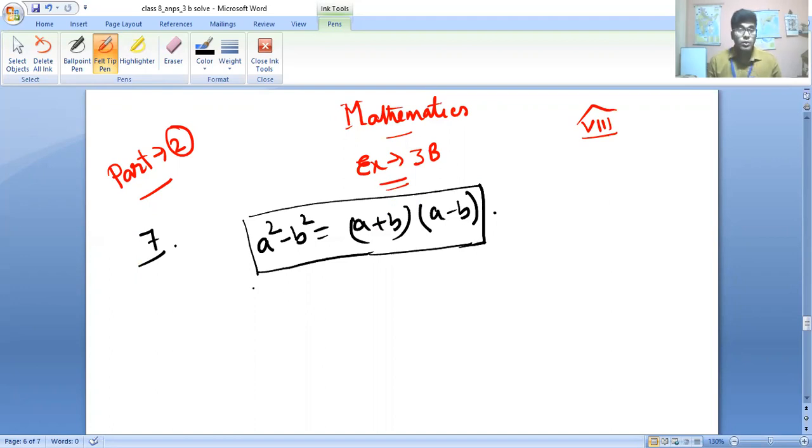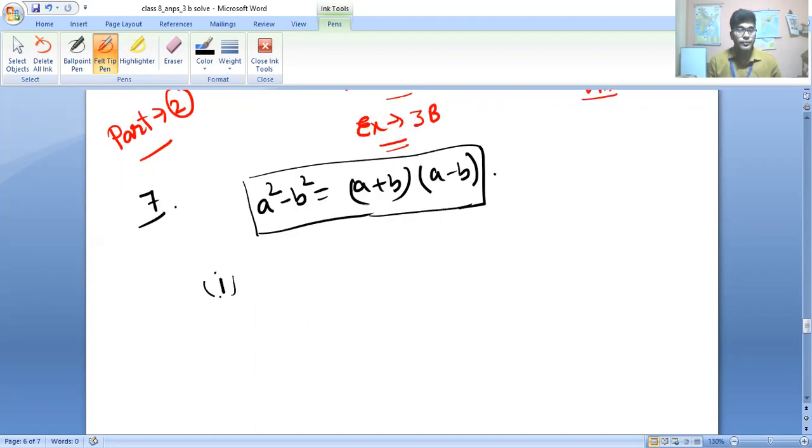So let us see question number 1, where it says 38 whole square minus 37 whole square. Oh, very easy. These are of the form a square minus b square.